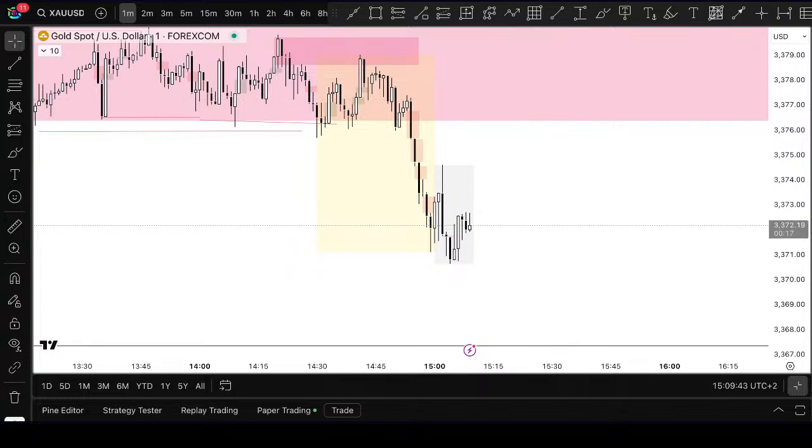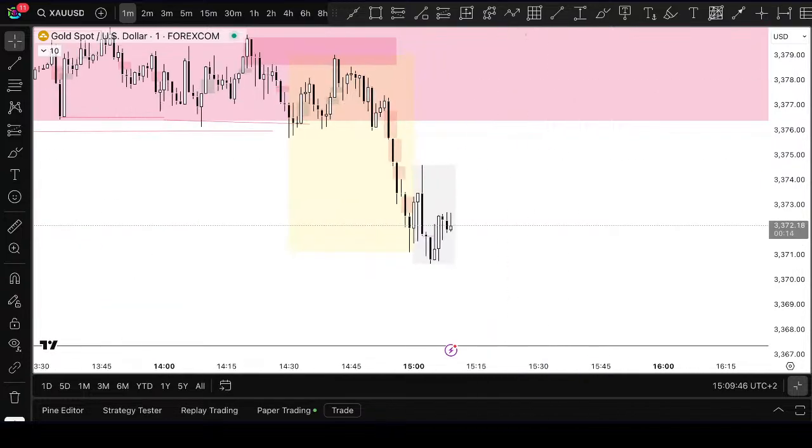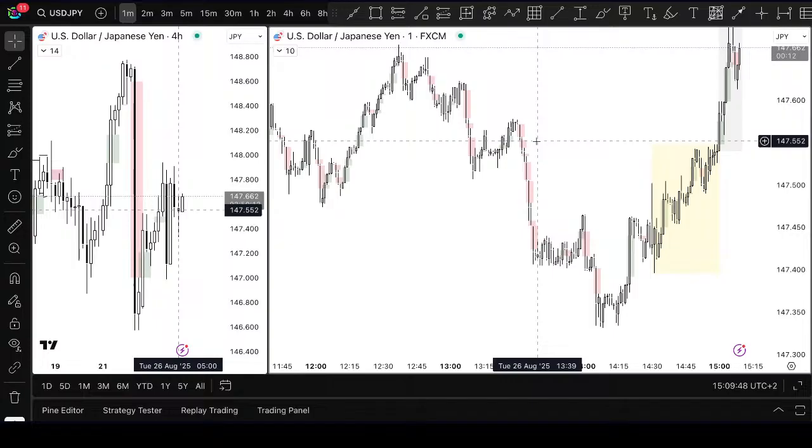This is the place where we want to find out the lot size. So that's good. Now we can check what USDJPY is doing.